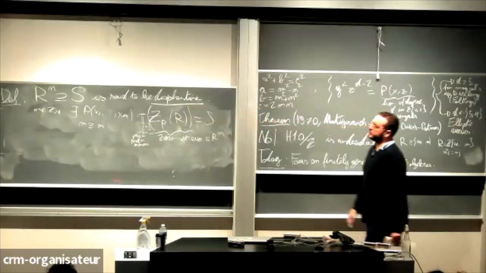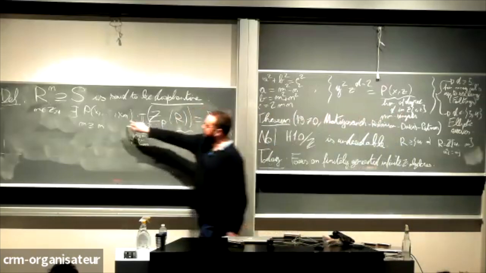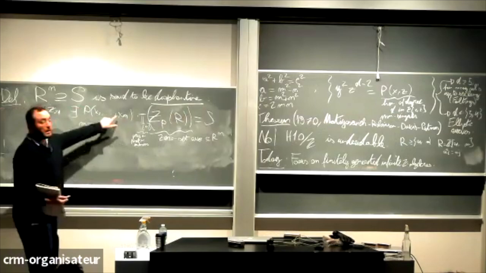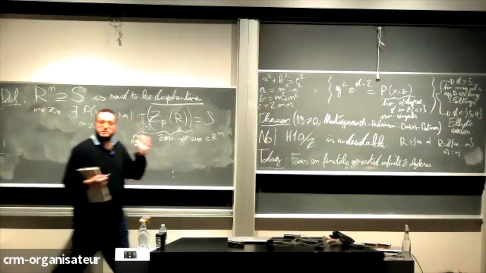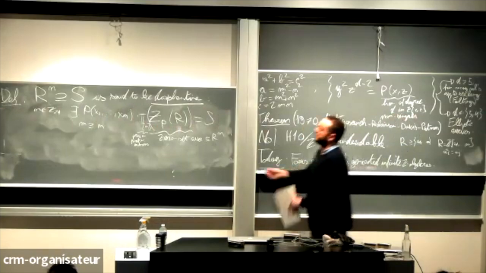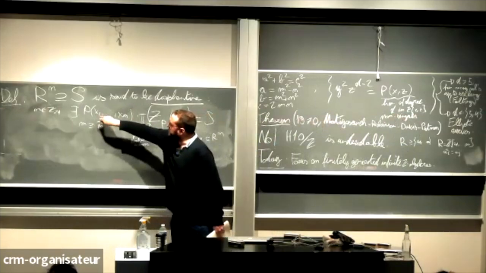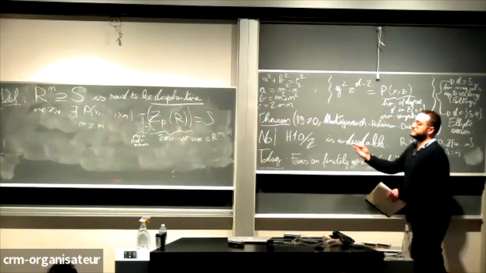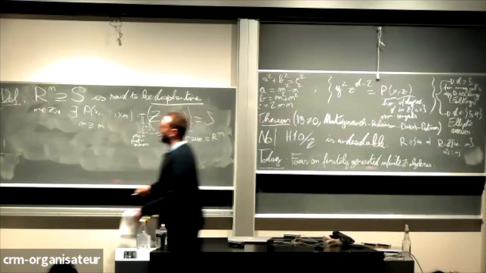And you can view a polynomial in m variables as an algebraic family of polynomials in m minus n variables, where the first n variables you think of as a specialization. And saying that it's Diophantine, more intuitively, is saying that it's the set of specializations such that the resulting polynomial has a zero. So that's what a Diophantine set is.